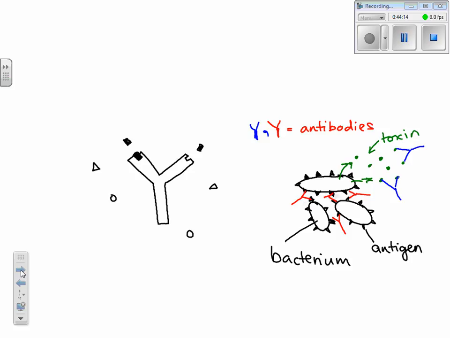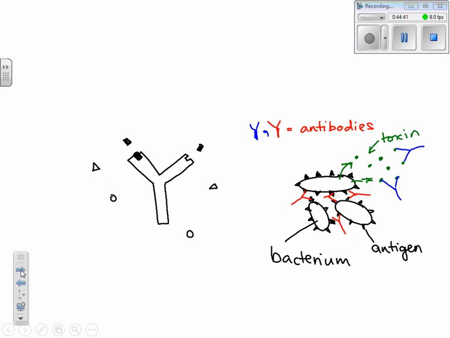Not a particularly good diagram, but hopefully you can see now what the antigens are doing in terms of triggering the production of appropriate, matching stereospecific antibodies, and those antibodies then work by immobilizing microorganisms, neutralizing toxins, that sort of activity.